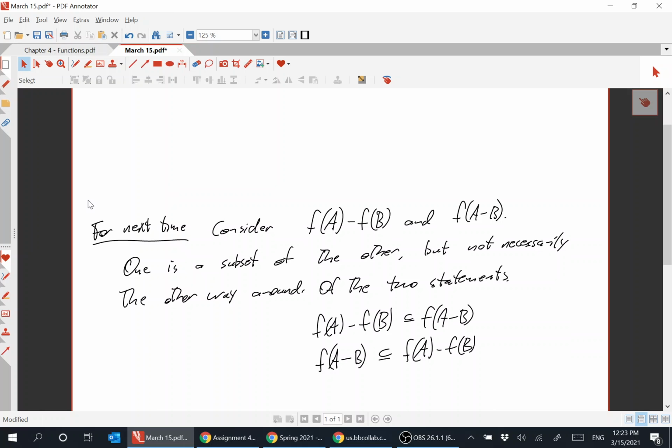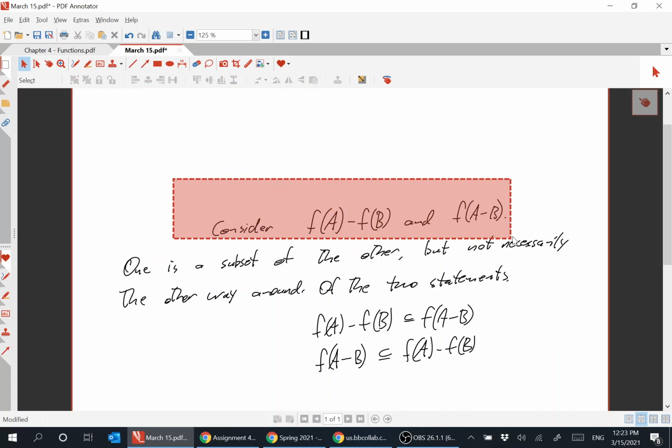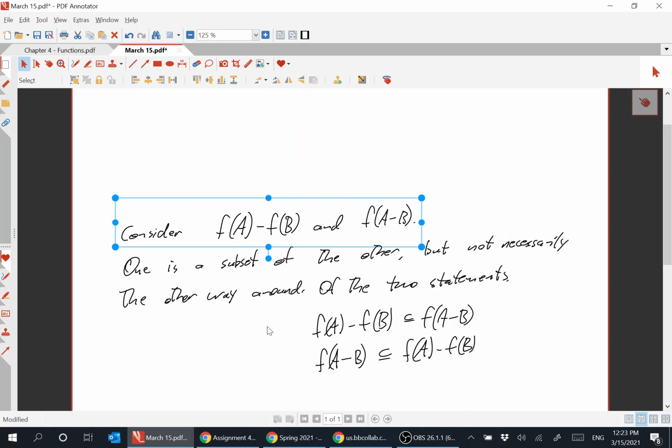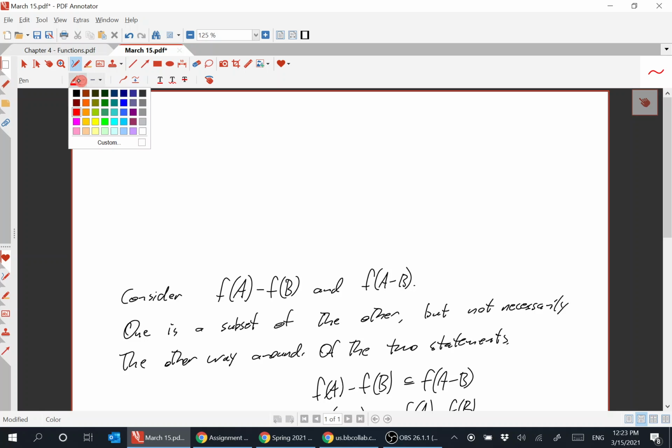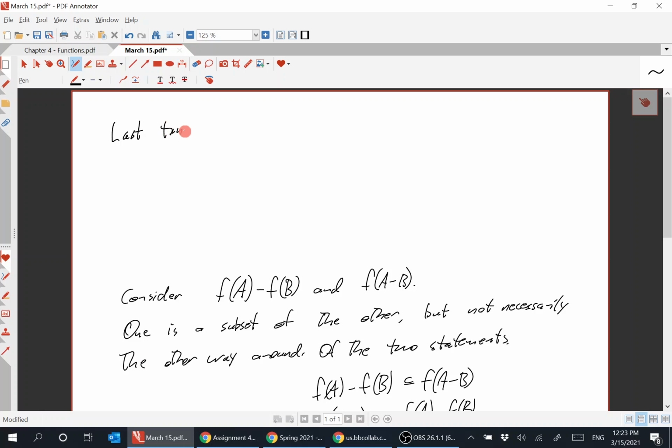Last time I gave you another exercise on images to consider. So let's take a look at that before we go back to our lecture. Last time, I asked you to look at the following.